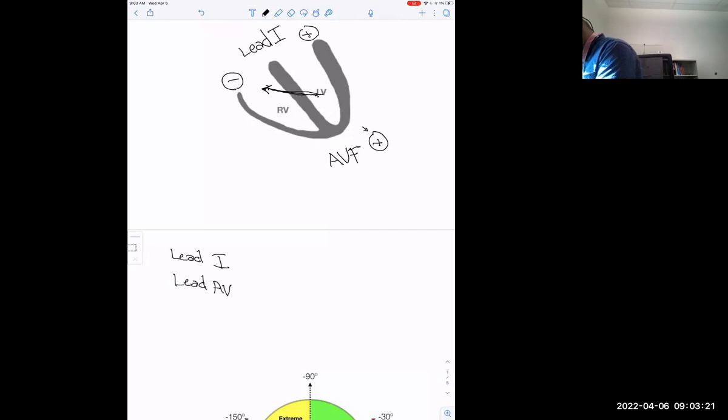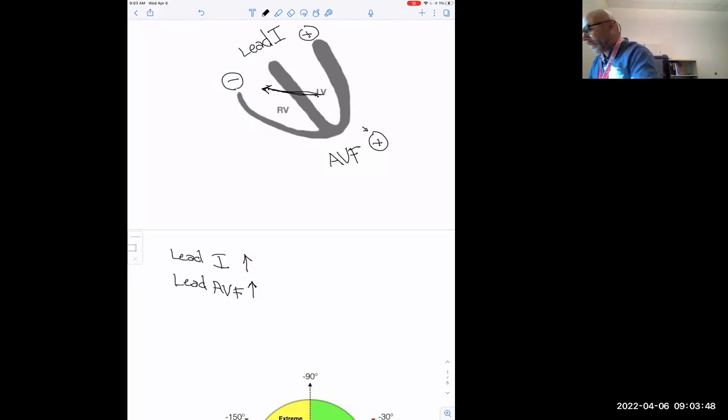Okay, so this is what we need to remember. If you have a positive QRS in lead one and a positive QRS in AVF, two thumbs up, everything is okay. That is normal axis.